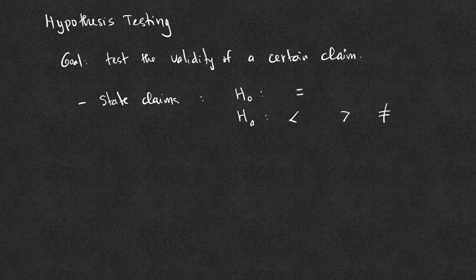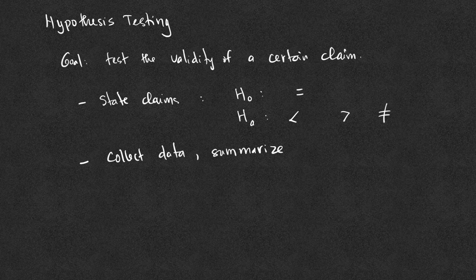Once we formulate the claims, we move on to the next step where we choose the sample and collect the data. When we collect the data, we will need to summarize the data. We summarize the data by computing the mean or the proportion or the standard deviations of the samples. And so we can only compute the information from the sample.